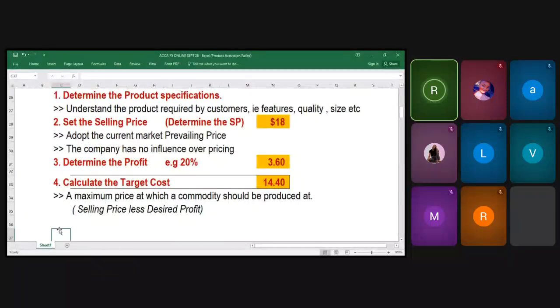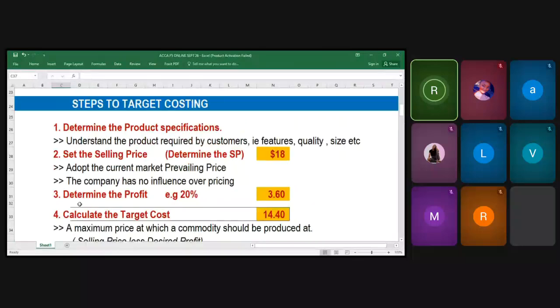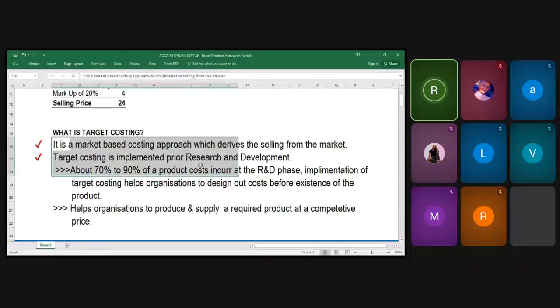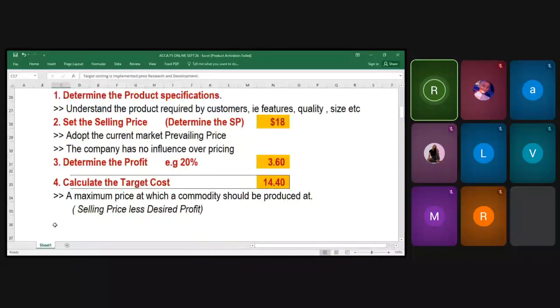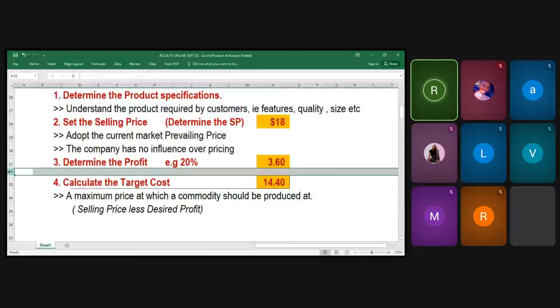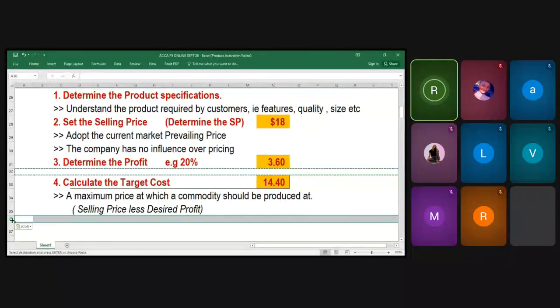But since we are targeting $14.40, what is the current setup? The product is not in existence, remember? Product is not in existence because it is still prior to research and development here. So according to our best estimate, what is it going to cost us to produce such an item?